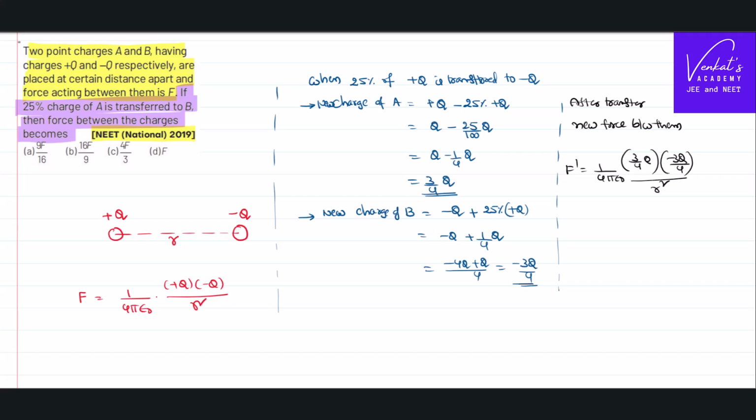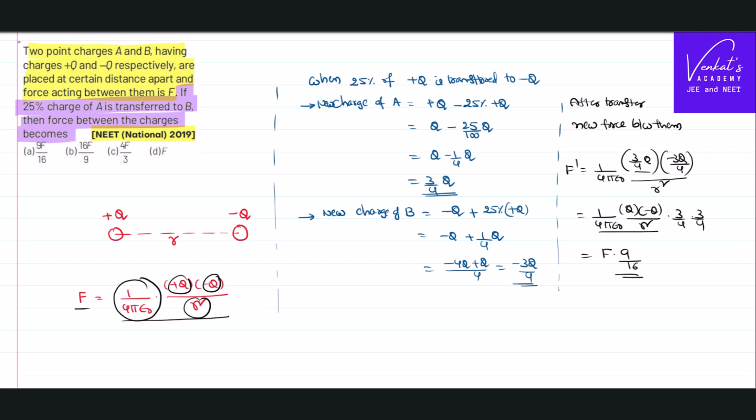So when compared with F, see here, this is what our F equation is: 1 by 4 pi epsilon naught is the same, plus Q and minus Q and R square are the same. Let us keep them separately: 1 by 4 pi epsilon naught plus Q minus Q by R square. What else is remaining? 3 by 4 here and 3 by 4 here. All this value is nothing but equal to F, and 3 by 4 times 3 by 4 is 9 by 16. So the new force is 9F by 16.